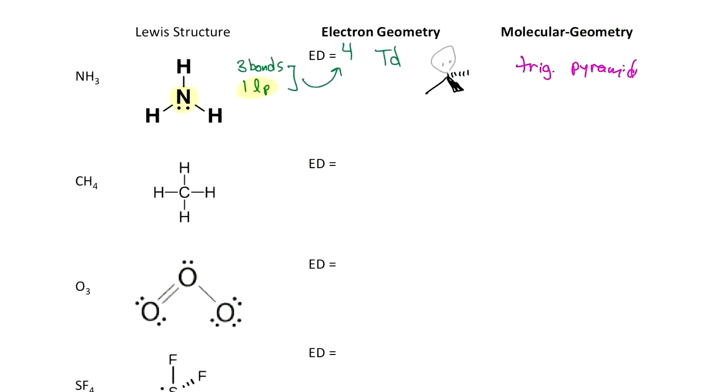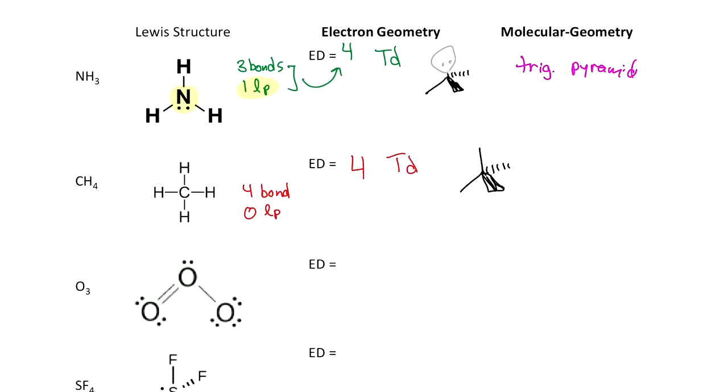All right, CH4. How many electron domains? 4, because there are 4 bonds. 0 lone pairs. So what electron geometry is that? It's tetrahedral again. So I'm going to draw it. So tetrahedral. Okay, there we go. Are there any lone pairs we have to worry about?